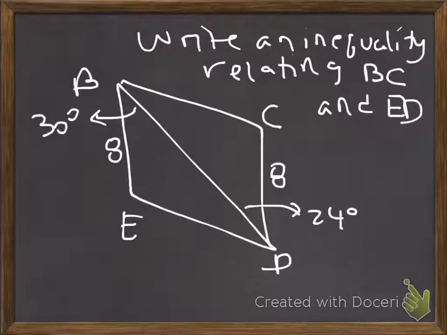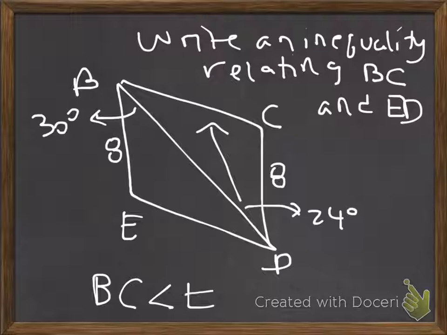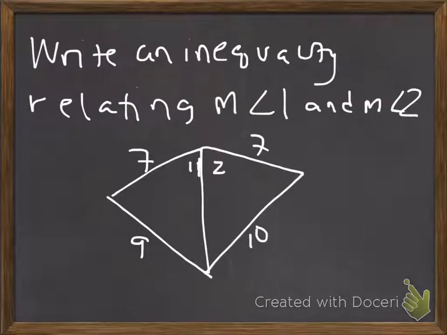BC is going to be across from the smaller angle, so BC is less than ED. This is angles relating. So angle 1 is across from the smaller side, so angle 1 is less than angle 2.